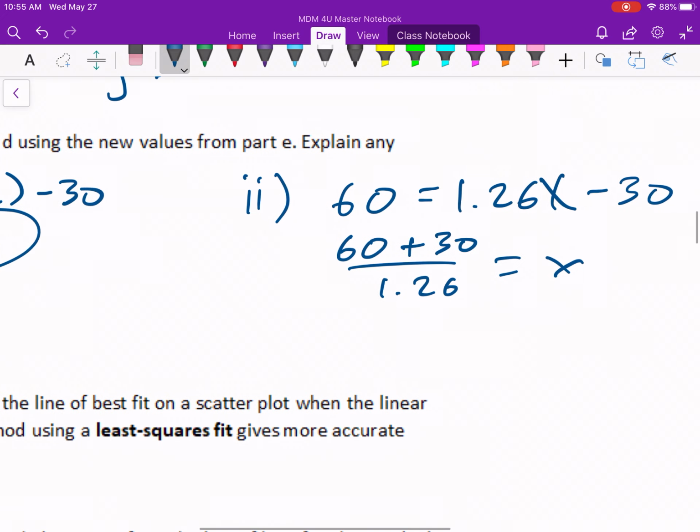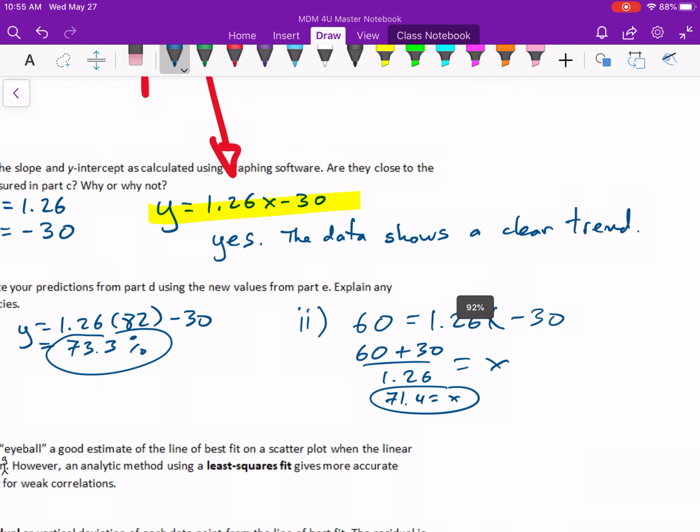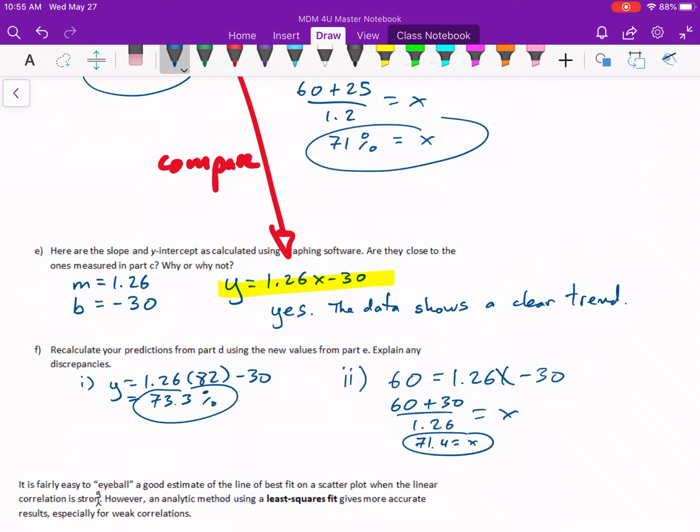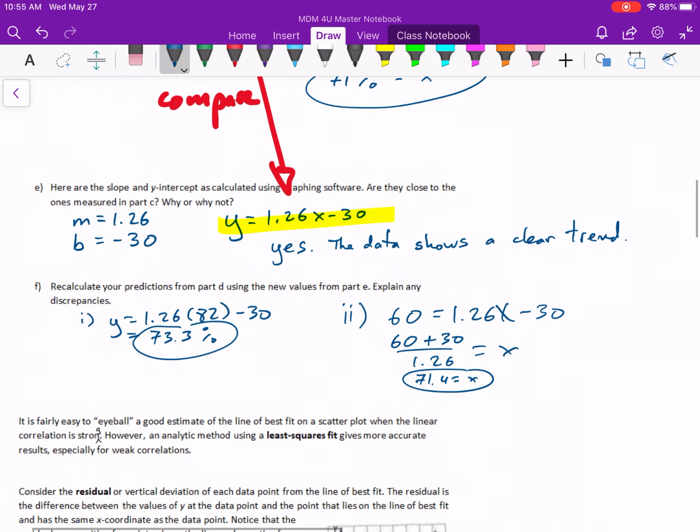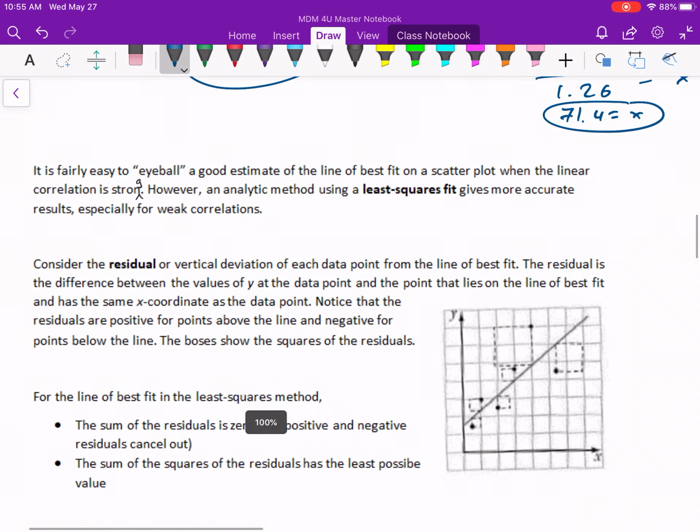And we get 71.4. And again, compare that. That's not bad. We're not always going to be this accurate, but I got a pretty good estimate on this one. And again, it's because the dots were close together and I could see the trend fairly easily.